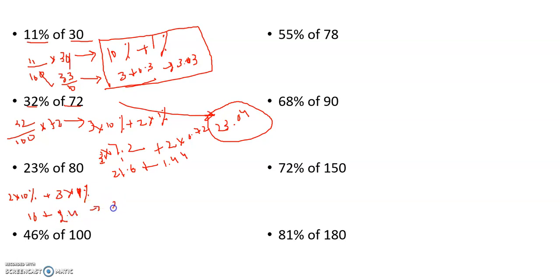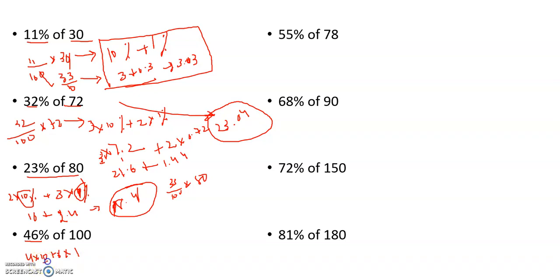Adding this gives 18.4. Instead of writing 23 by 100 into 80, you can use this process. If you are good at calculating 10% and 1%, you can calculate it orally as well.